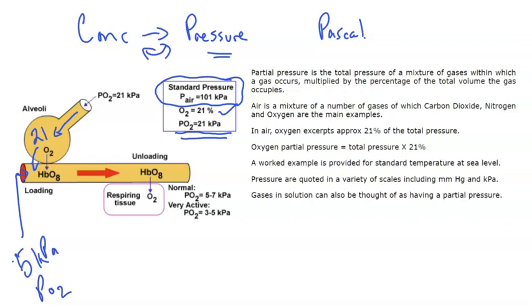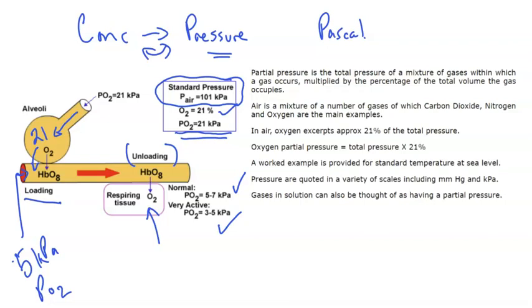and the process of oxygen diffusing into the blood and being taken up by hemoglobin is called loading. That blood will then travel to the tissues where the oxygen is released, and that process is called unloading. Those respiring tissues, when at rest, have a partial pressure of oxygen of about 5 to 7 kilopascals, but a very active muscle would be down around 3 to 5 kilopascals.